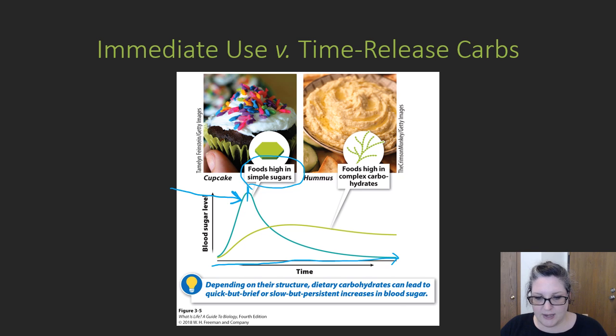And foods high in complex carbohydrates, so starchy things, this is hummus made out of chickpeas or garbanzo beans, it is a time release. We see not a very steep curve, but over time it continues to release glucose molecules rather than the crash that comes with simple sugars and sweets.